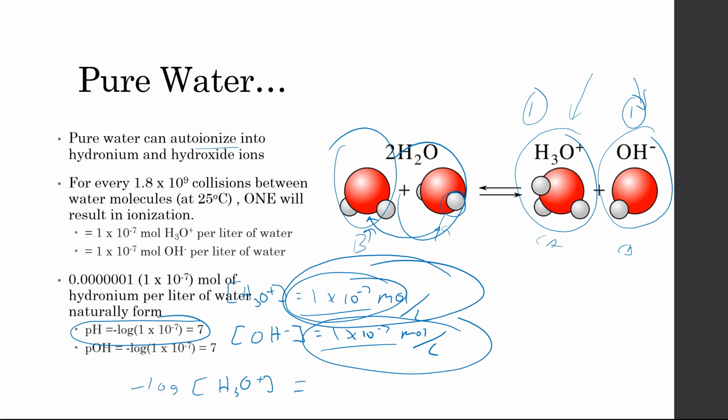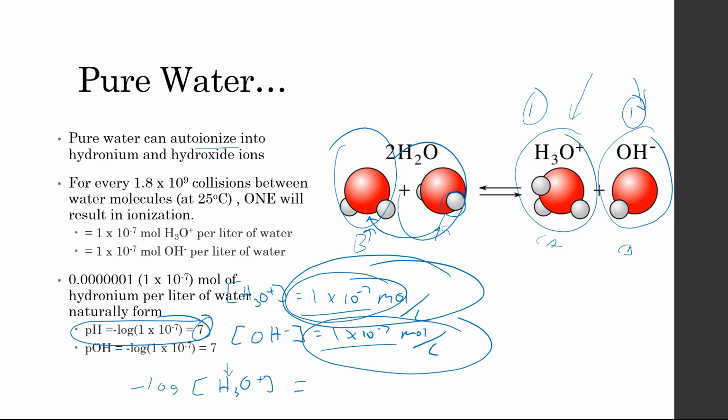So I put the negative button, hit log, and then to get the pH of pure water, I would type in 1 times 10 to the negative 7, which is the molarity of hydronium in pure water at 25 degrees Celsius. And my calculator would spit out the number 7, which is what we mean when we say 7 is a neutral pH.